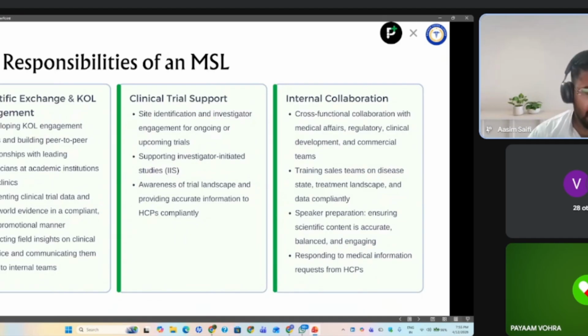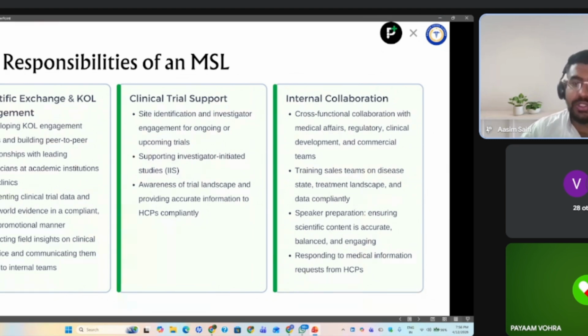I want to come back to that point. I didn't make that clear: what is scientific content? Medical information delivered with the help of science is known as scientific content and scientific information. What are those tools, what are those mediums?